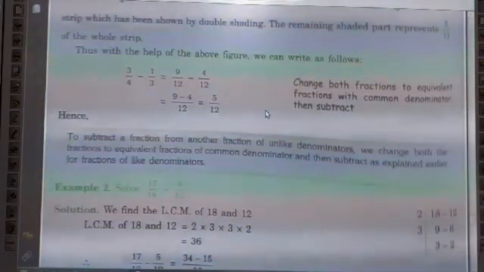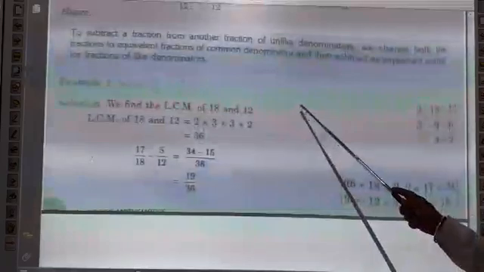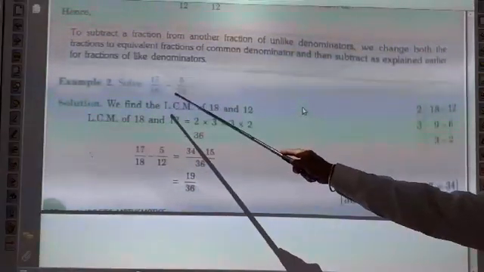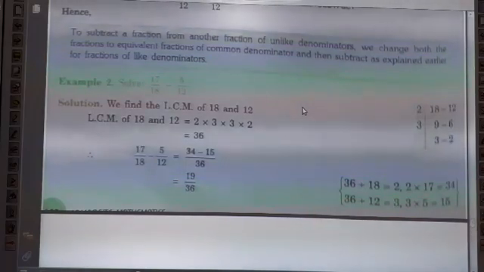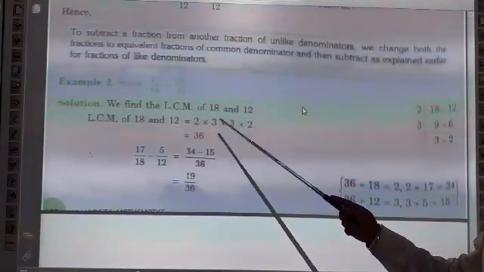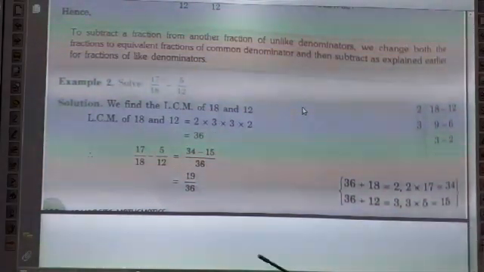Okay. Now next example. Solve 17 upon 18 minus 5 upon 12. Solution: we find the LCM of 18 and 12.